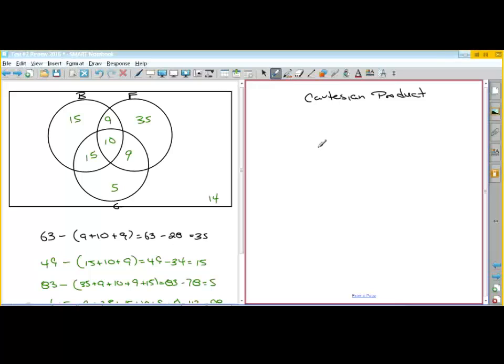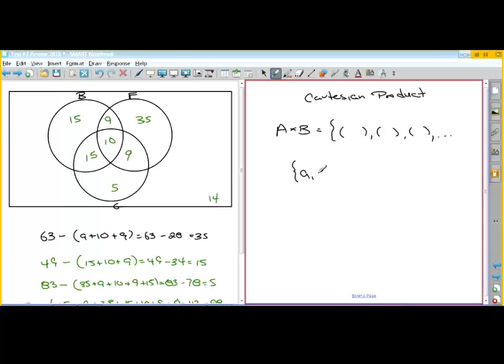Okay, we talked about the Cartesian product, and what that is if you have 2 sets, A and B, and you do the Cartesian product, that's going to end up being a set of Cartesian pairs. And the number of Cartesian pairs is dependent upon the number of elements that are in the original set.